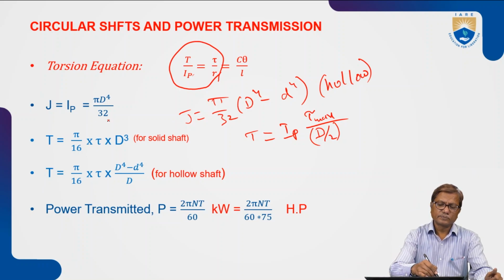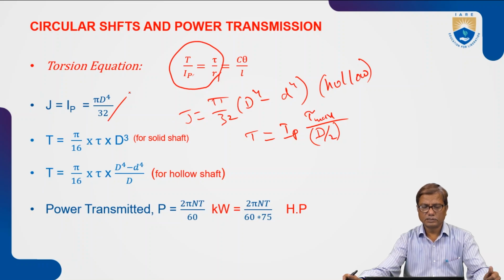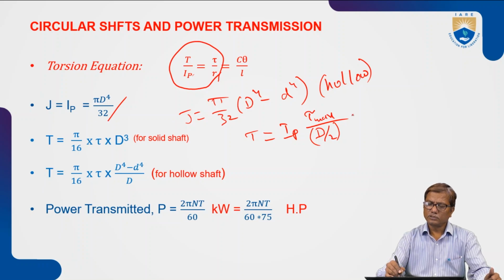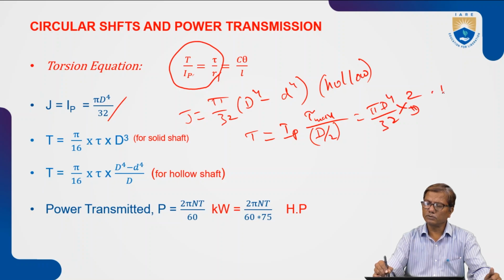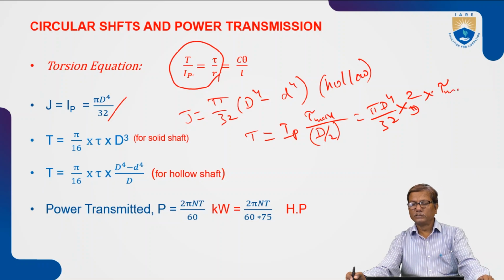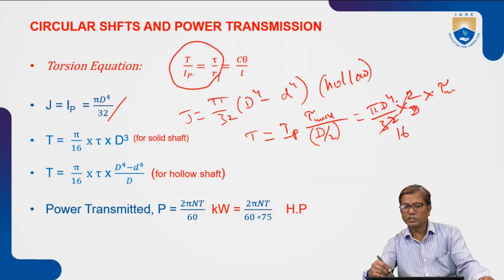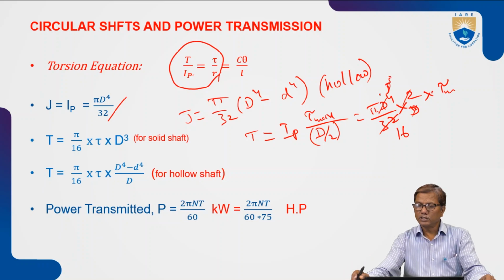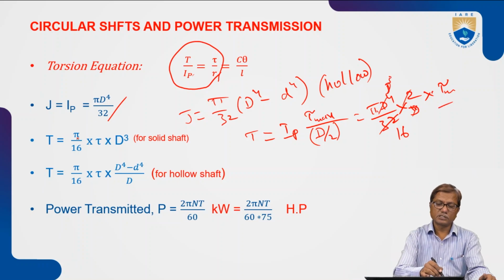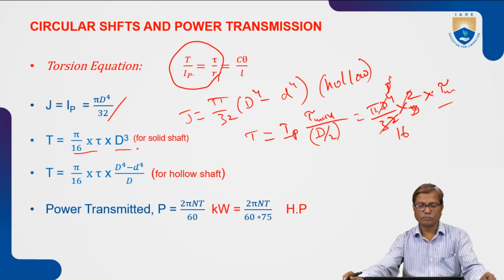Ip is known, pi d power 4 by 32, so we get pi d power 4 by 32 into 2 by d into tau. Tau means tau maximum. So that's how we get pi by 16 tau into d cubed.